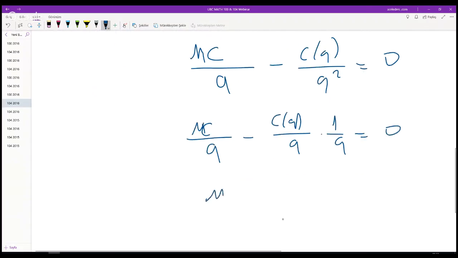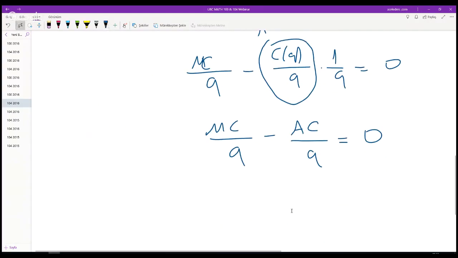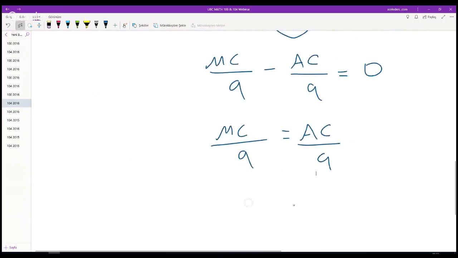And finally, marginal cost over Q minus average cost over Q equals 0. Therefore, marginal cost equals average cost.